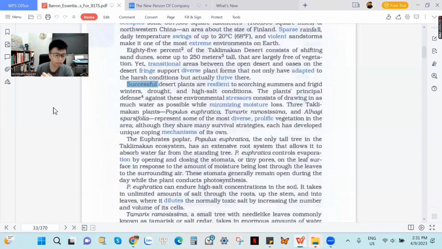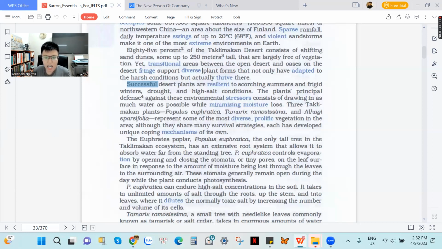So you can use the word successful for things that suffer very badly, like technical problems, but those things are useful for human beings or are usable. So when things are usable, even though they are broken, you can use the word successful. Just like the desert plants, the plants which need to live in the desert are very flexible and have to adapt to all kinds of environments. That is the desert plants. Okay, successful desert plants. That is what I want to say.